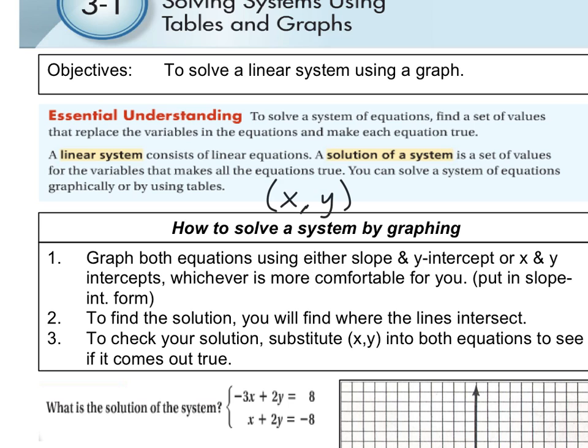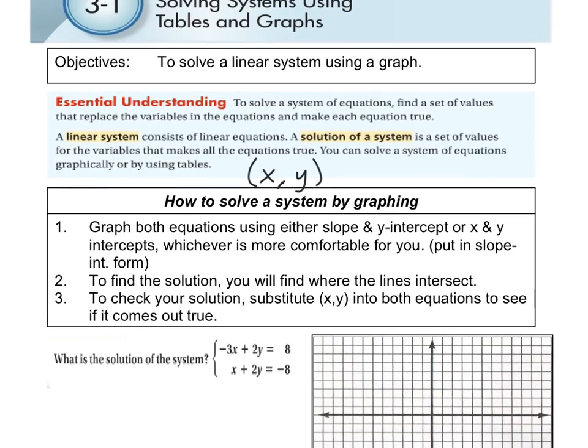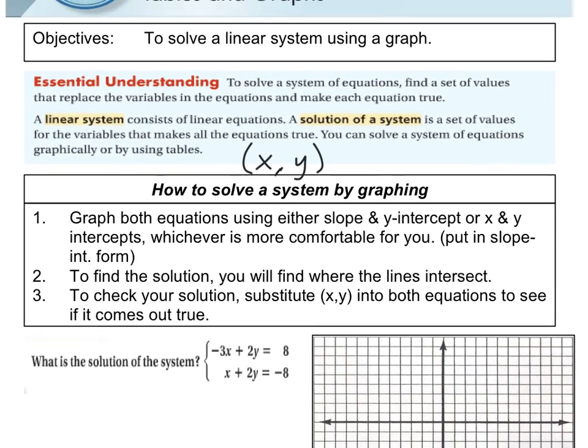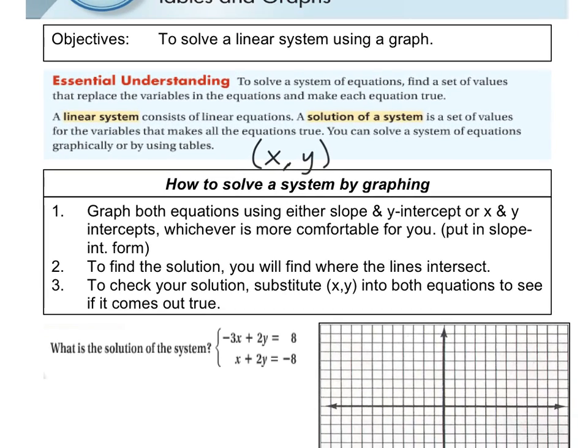Now, how do we solve a system by graphing? I've got some steps here. There are going to be some differences from what I will do in the example, so understand this is going to change just a little bit. It says we're going to graph both equations using either slope-intercept form, slope and the y-intercept, or x and y intercepts.